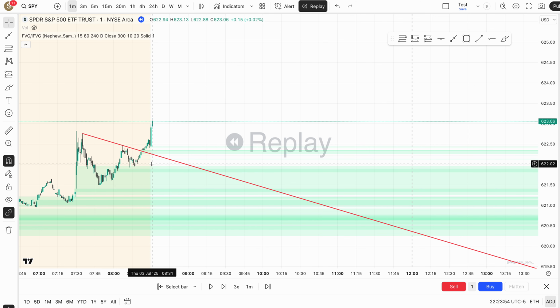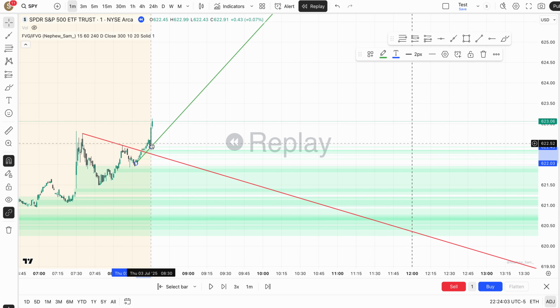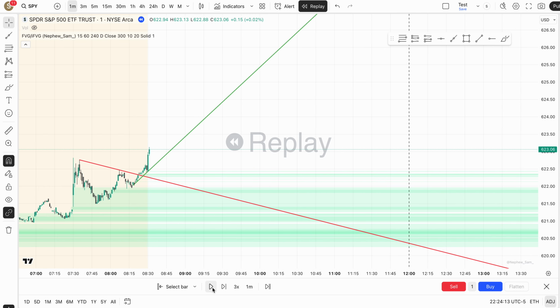Actually, the uptrend line has already formed, so we'd be entering calls with the stop loss below this green line. As long as we don't get a candle close below the green line, we stay in the calls. That's the only signal to exit.